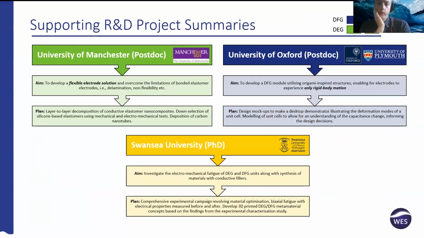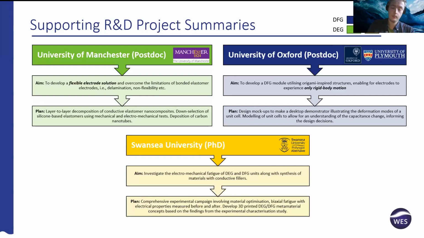Okay, so this is a summary of the R&D projects. We've got a good range here from DEG, DFG, and the fatigue side of things. The University of Manchester is looking at developing a flexible electrode solution for dielectric elastomer generators. I'm not sure how familiar you are, but one of the main challenges of DEGs is the mismatch of straining and non-straining electrode materials.